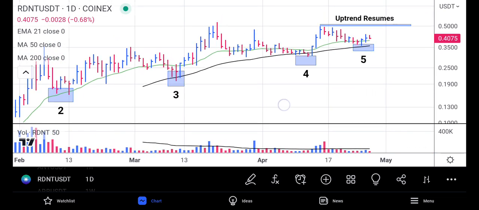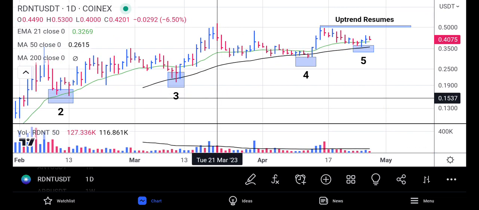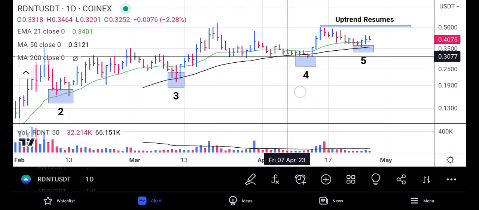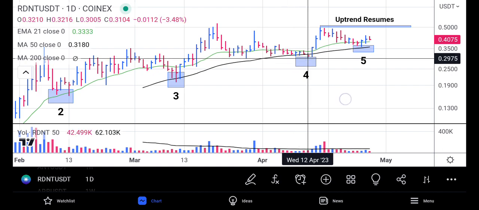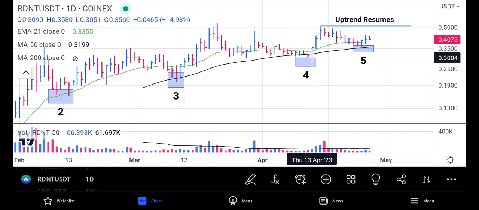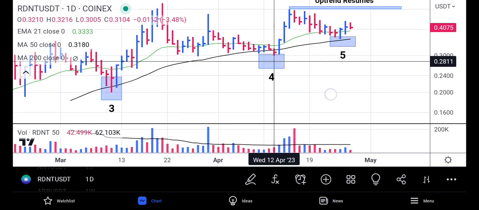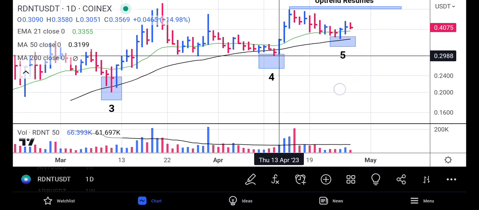Then when it got to 0.5300, it retraced its movement and fell back to the 50-day moving average at 0.4. From 0.4, it gained support with huge volume and a huge upward closing bar.